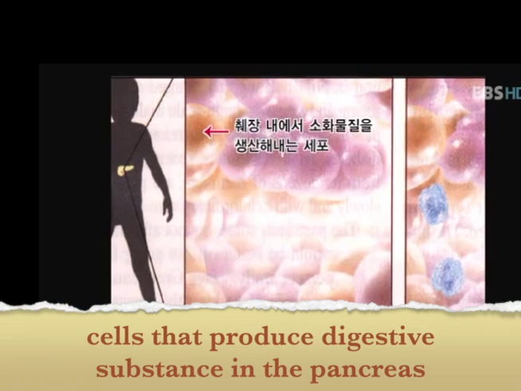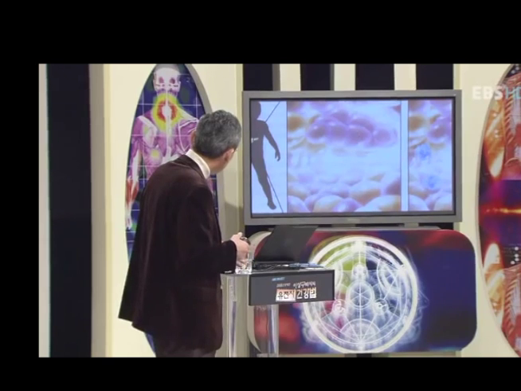In the pancreas, there are purple cells. These are yellow cells. Those yellow cells produce digestive substances. When you eat a lot of protein, meat, the cells that produce the digestive substance to digest the protein or fat in the meat are those yellow cells.